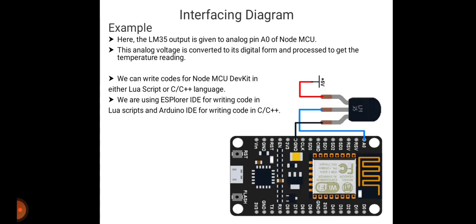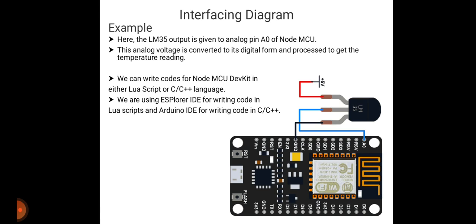The next one is the interfacing diagram of the temperature sensor and Node MCU. Here one example is given, that is LM35 output is given to the analog pin, which is A0 of Node MCU. Then this analog voltage is converted to its digital form and processed to get the temperature reading.